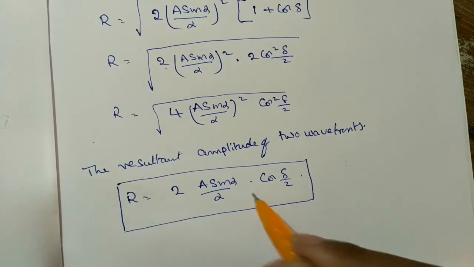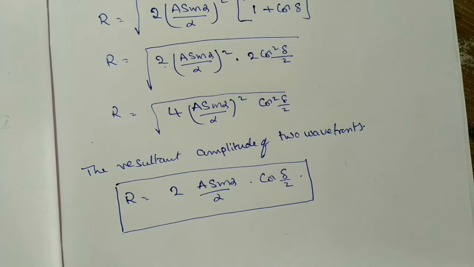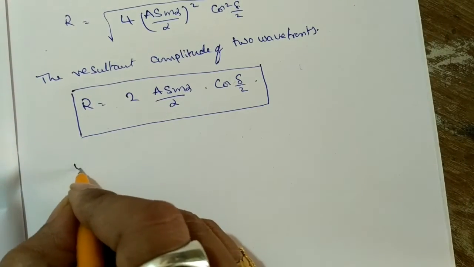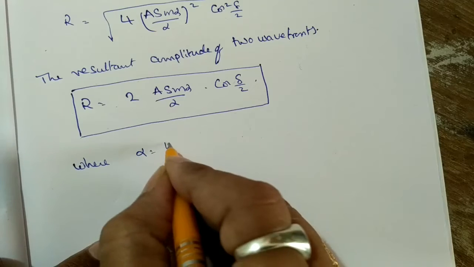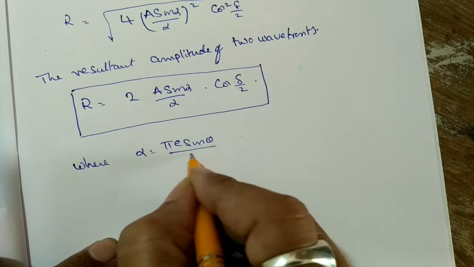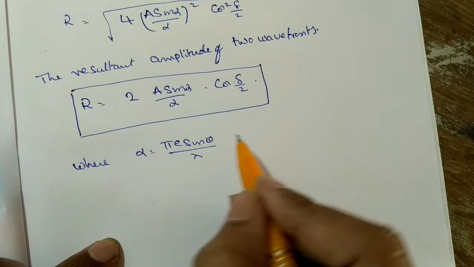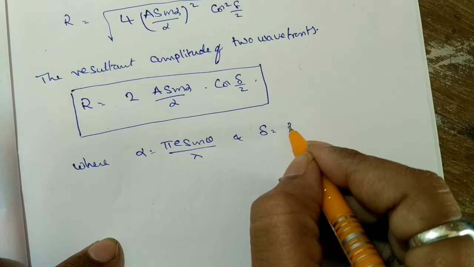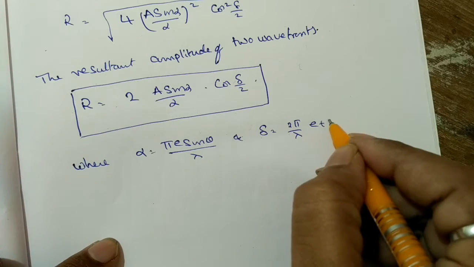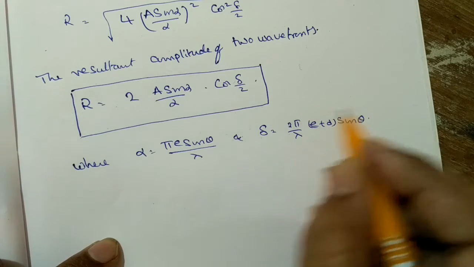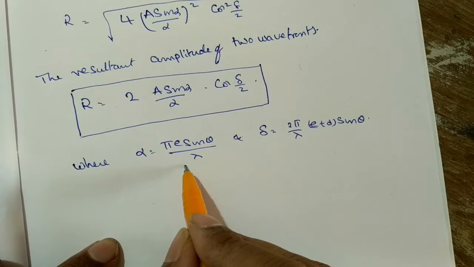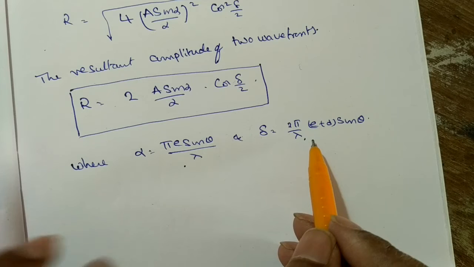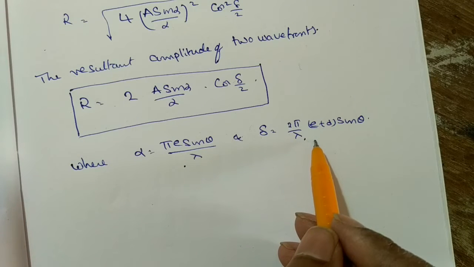I have to examine this equation for further solving, where alpha is equal to pi e sin theta by lambda and delta is equal to 2 pi by lambda into (e plus d) sin theta. The alpha expression came from the single slit; the delta expression came from the Fraunhofer two-slit case.